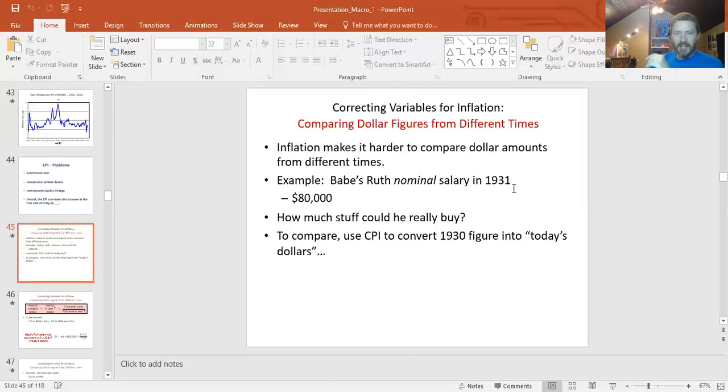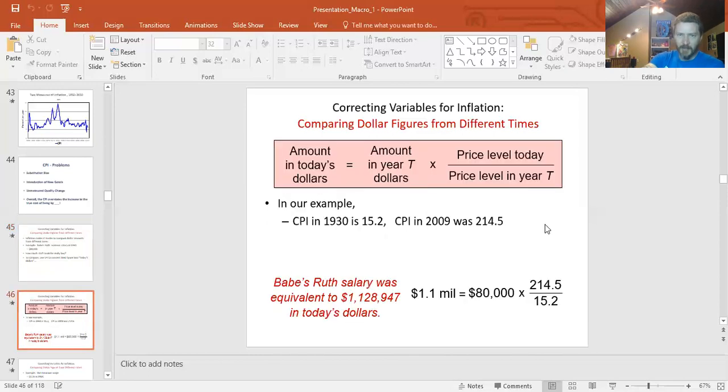So to get a meaningful number, we have to convert Babe Ruth's salary from 1931 into today's dollars, to get a number that really gives us a sense of how much stuff he could buy, not just how many dollars he made.